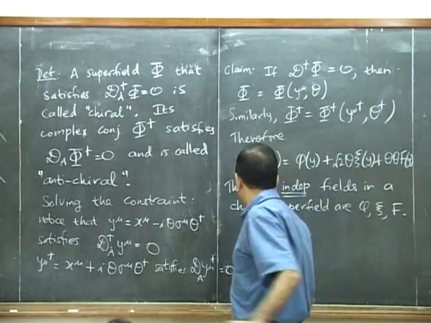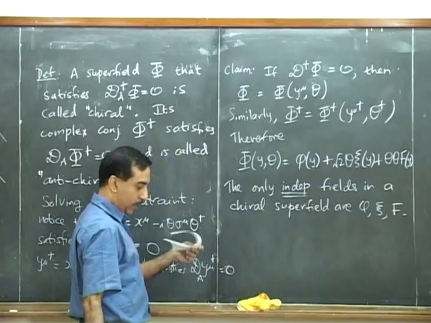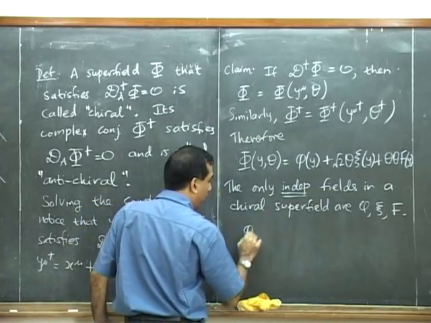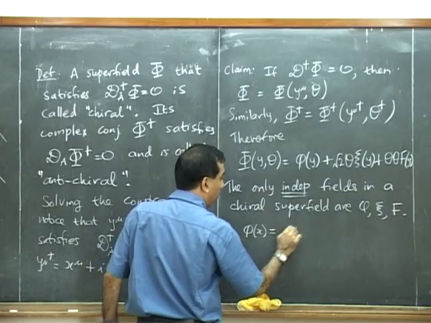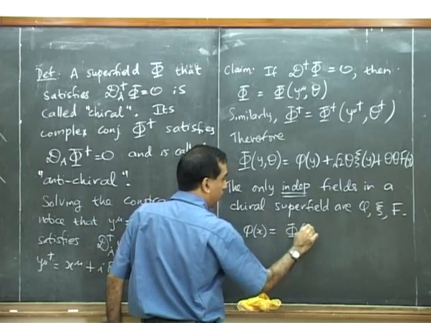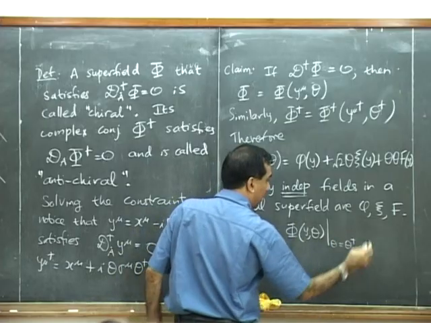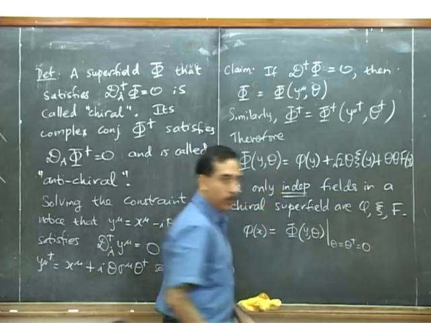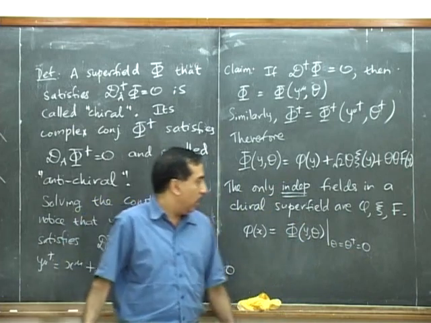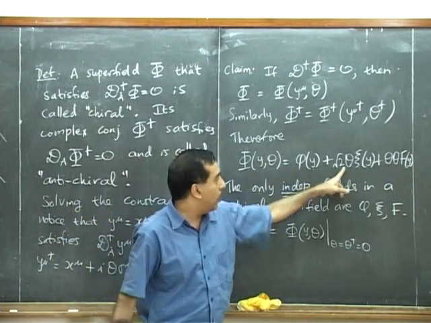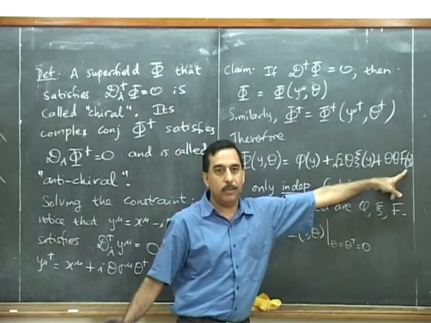Moreover, we have a nice way to recover them from the original chiral superfield. If I want to find phi of x, all I have to do is take the chiral superfield of y and theta and set theta and theta dagger to 0. In that case, you see that in this expansion, first of all, I managed to set all these terms to 0.